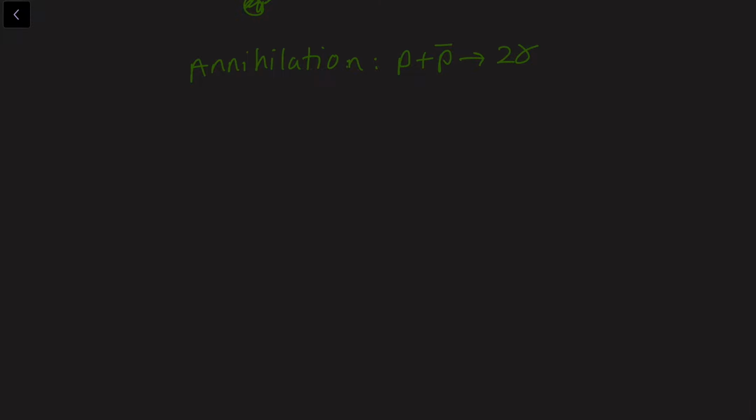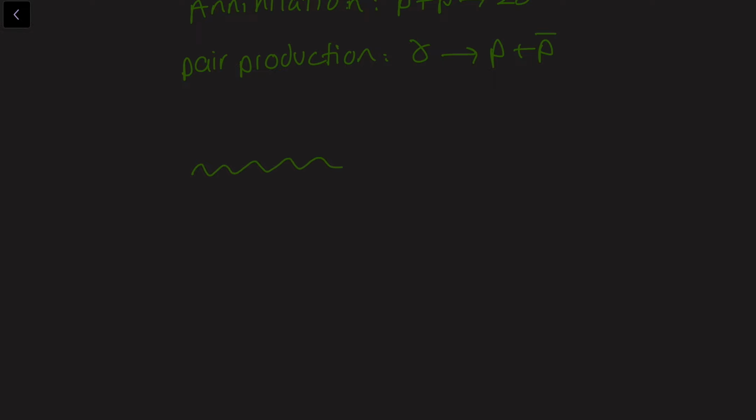Now we also have this thing called pair production, which is equally as important, and that basically says that a photon can also become a particle and an antiparticle, so that will look a little bit like this, and that can fly off to the particle, and you can fly off to an antiparticle. There we go.